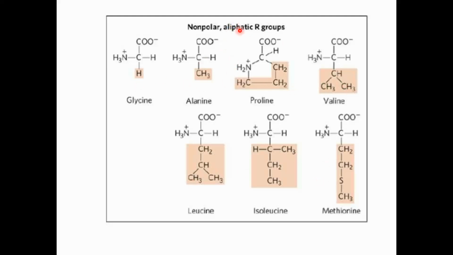So what are aliphatic R groups? If the R group is present as an open chain, not as a closed ring, it is an aliphatic R group.